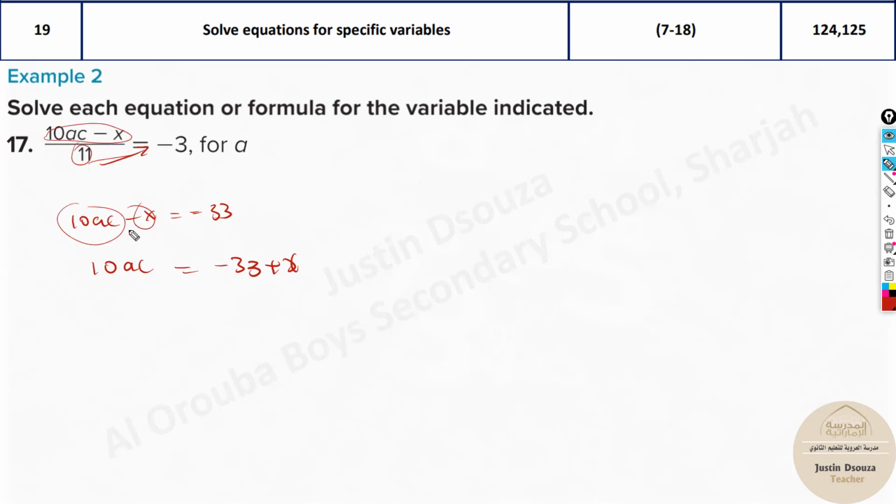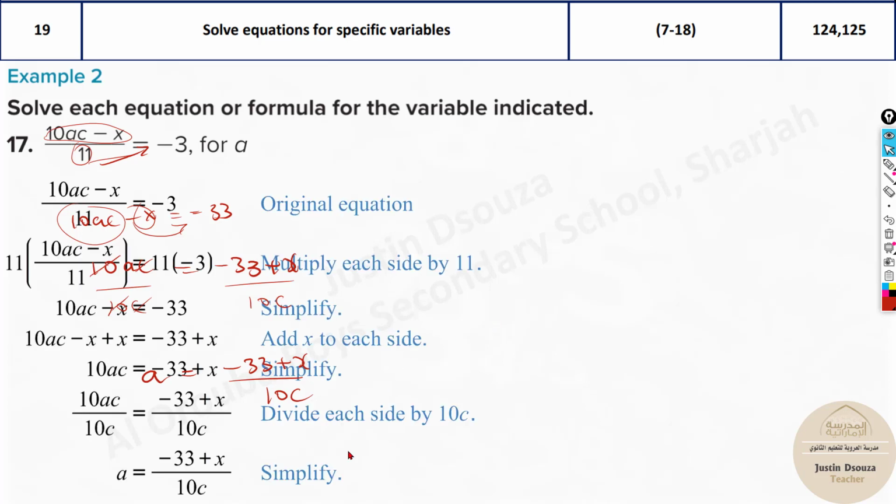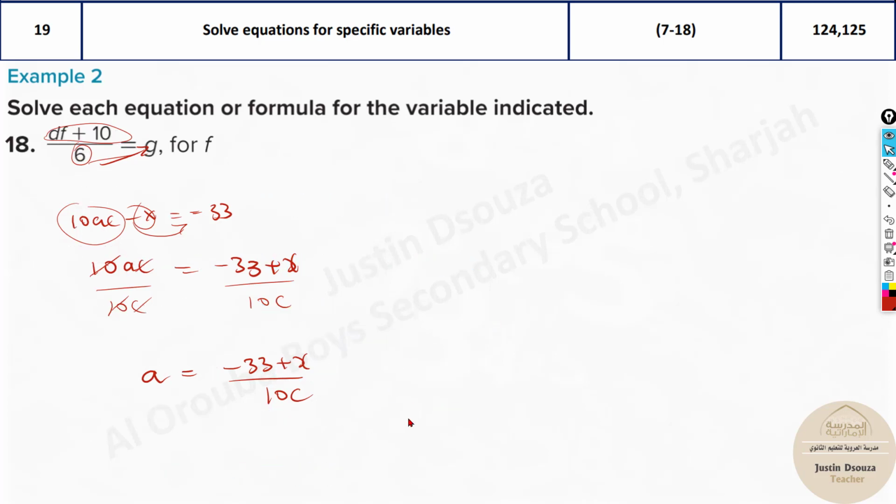Here this term goes to the other side. Now, it is all multiplication so you can just divide. So it will be division by 10c. So the answer will be a equals, because 10 and c cancel, minus 33 plus x divided by 10c. So this must be the answer, and that's the answer, yes.